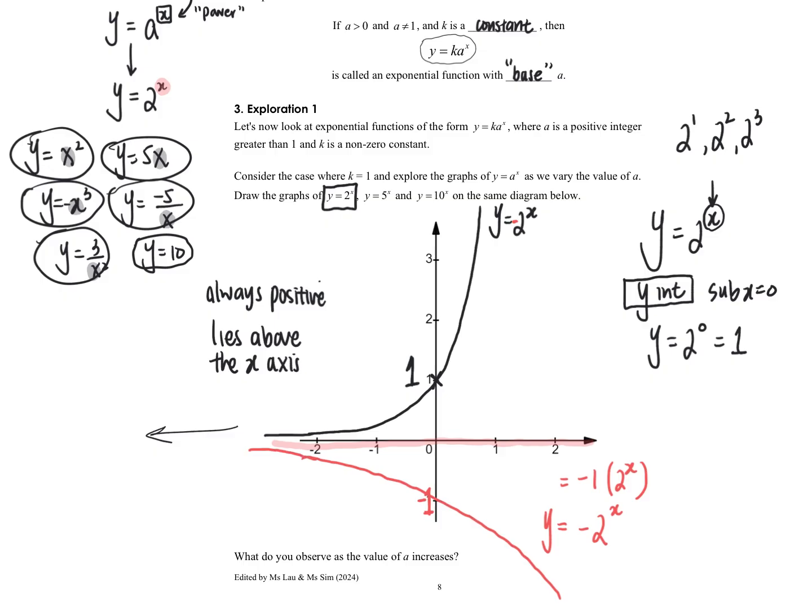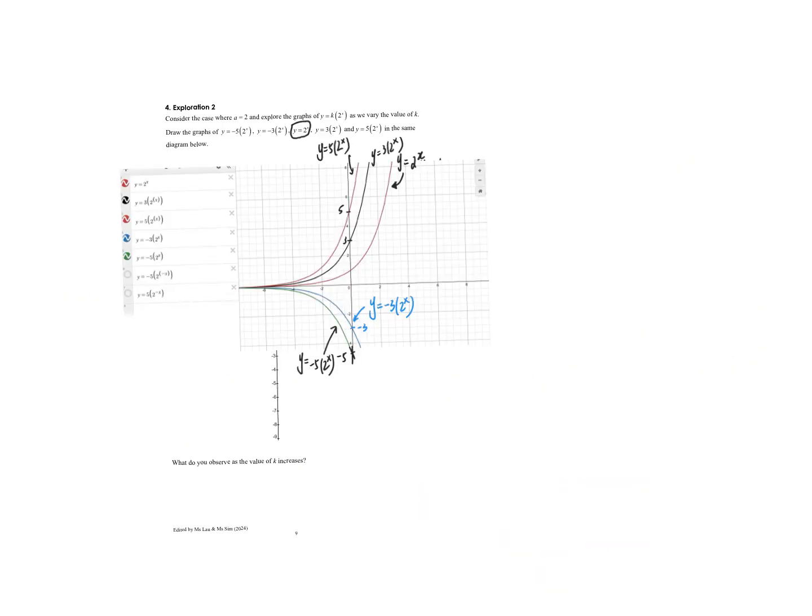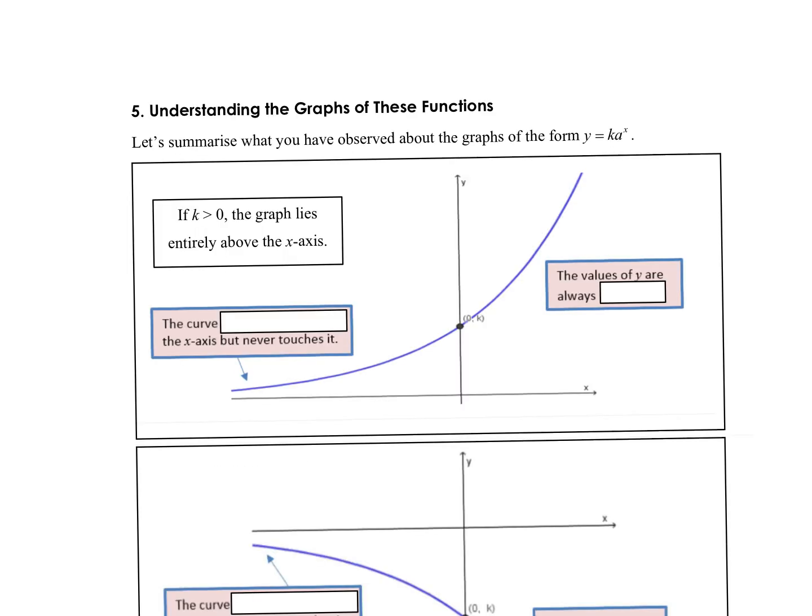I meant the negative bracket and then the 2 in the bracket. Okay, I'm going to show you how the graph will change. One thing that they mentioned is that the curve approaches the x-axis, but never touches it. The values of y are always positive. So your entire graph is always above the x-axis.